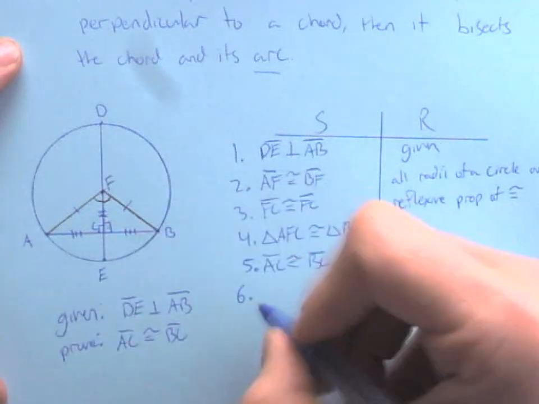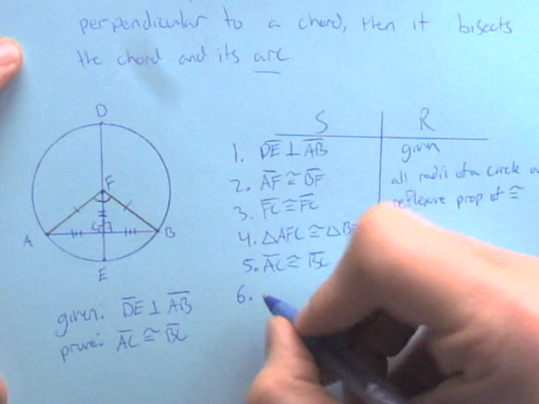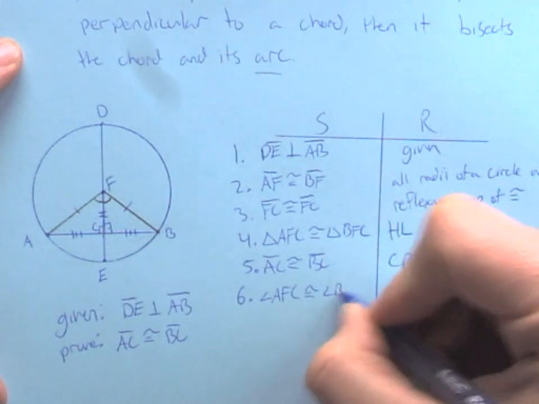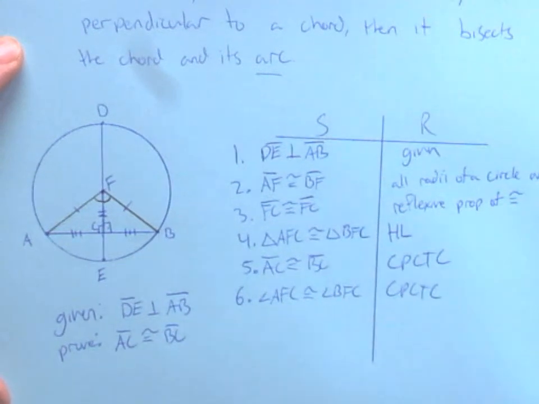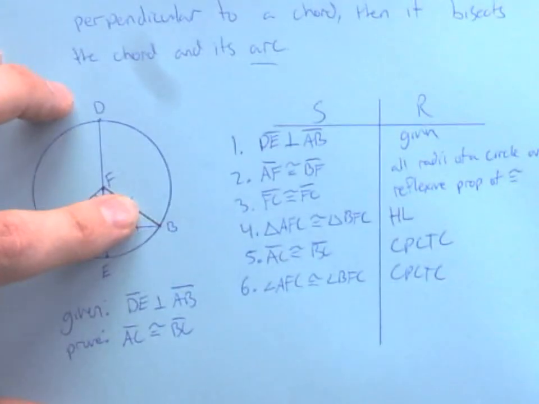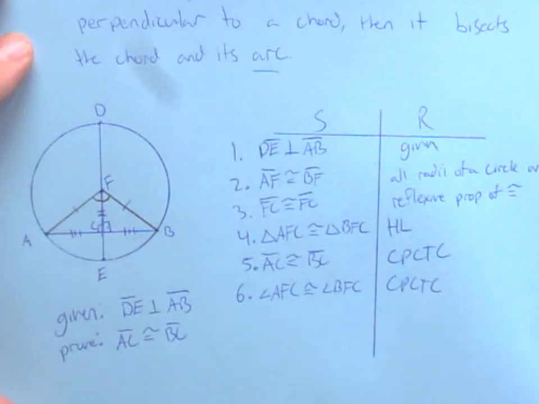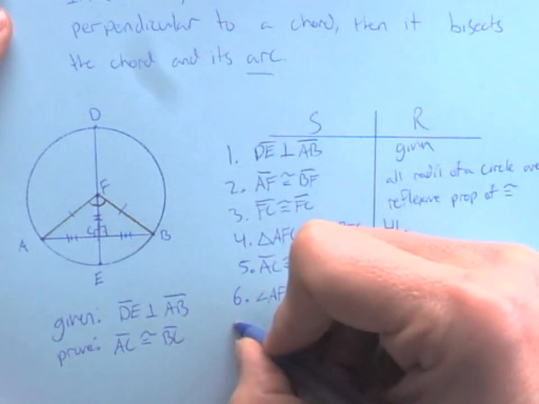So we can talk about those central angles, AFC and BFC. Angle AFC is congruent to angle BFC. Again, that's CPCTC. We already know the triangles are congruent, so we can conclude that that angle and that angle are congruent.